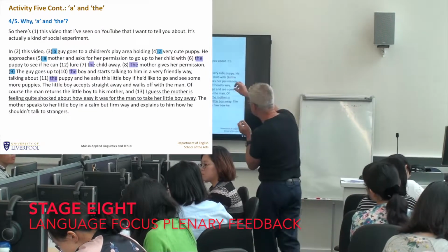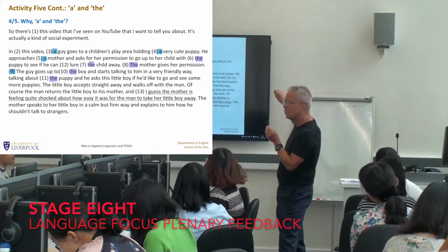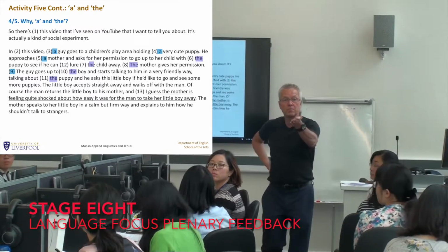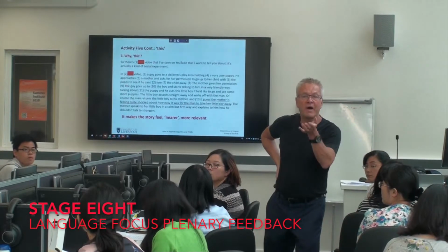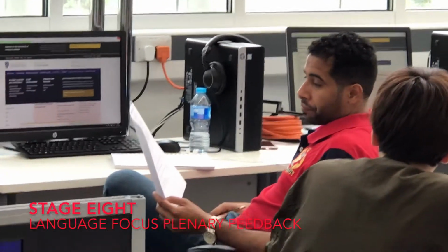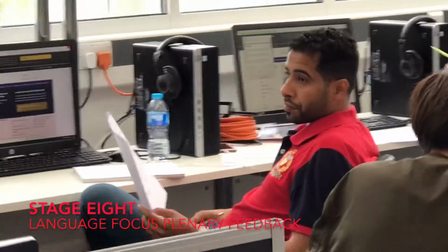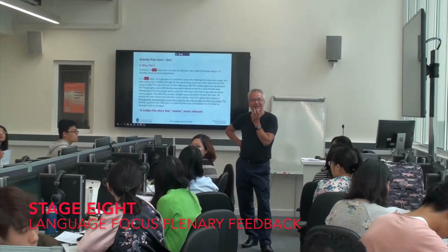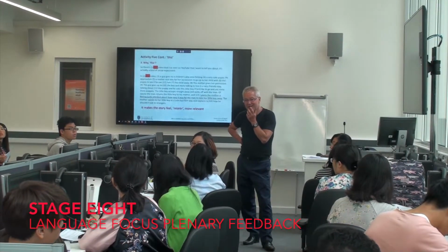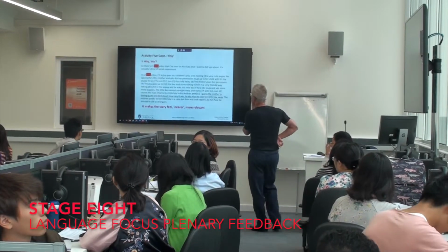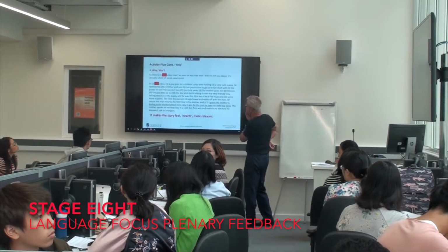Has anyone else got any ideas? Why sometimes are we using a and then later on we're using the? I think the first time I use a, after that, I use the. That's kind of correct, but why? The article a is used for general things.